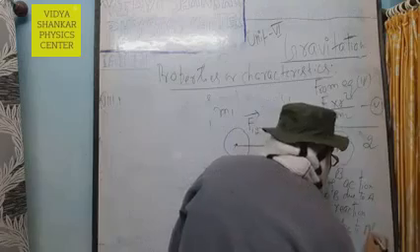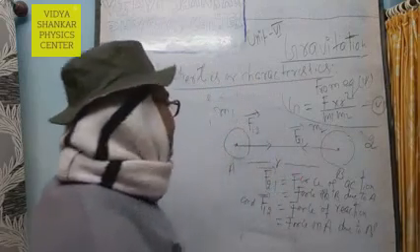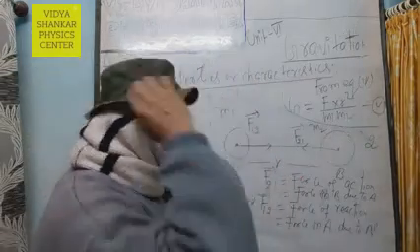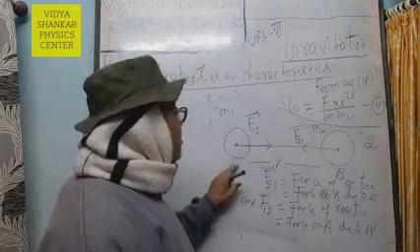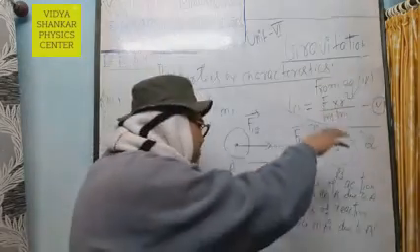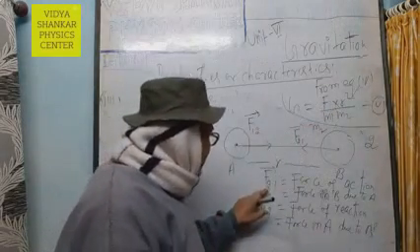Now, it is clear from the figure that the force of action is the force on the second body due to the first body. That is the F21 vector.